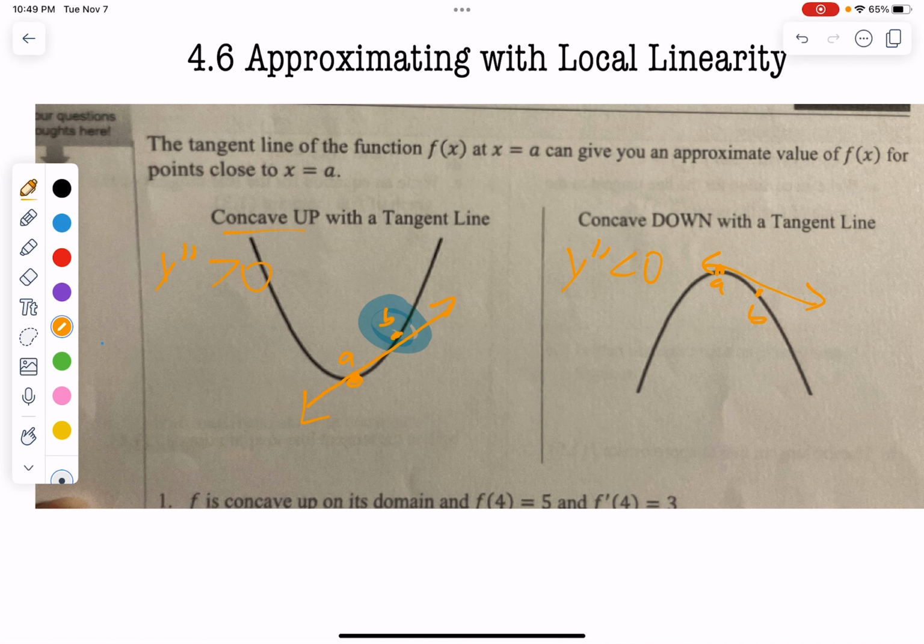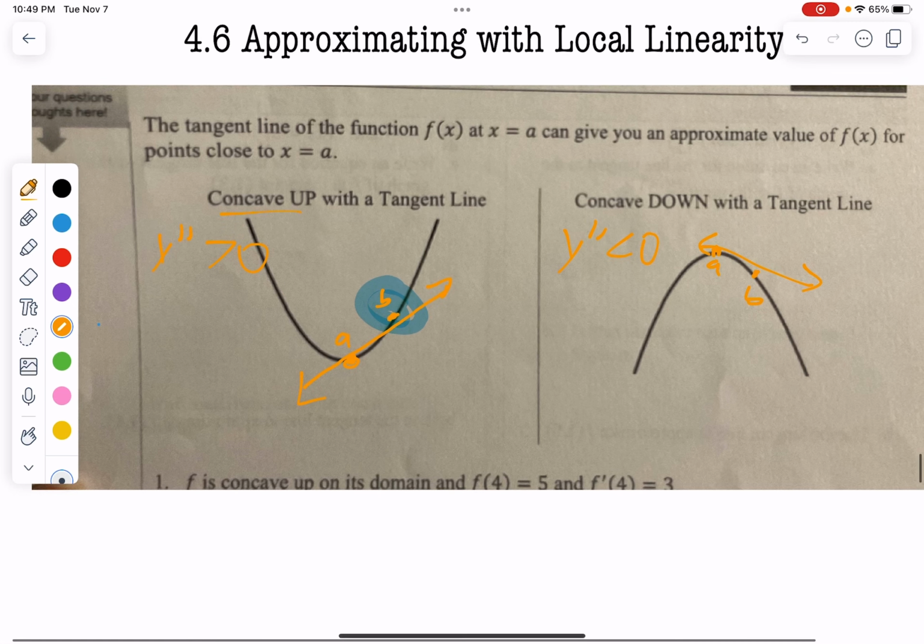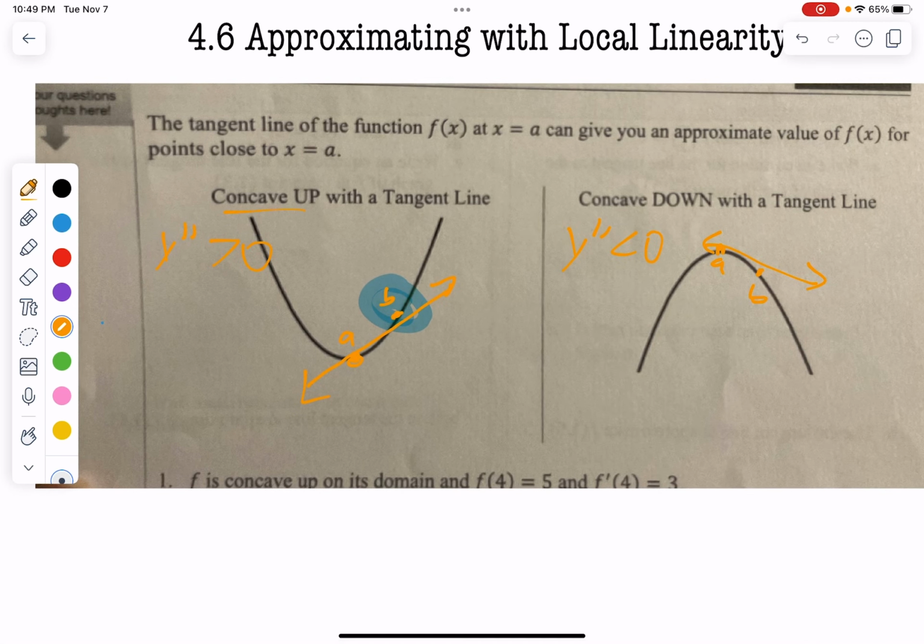That's how you're able to find whether it is concave up or concave down. And so when it comes to approximation, because of the way these lines are drawn, concave up will always be an underestimate. You can see this based on the drawing.